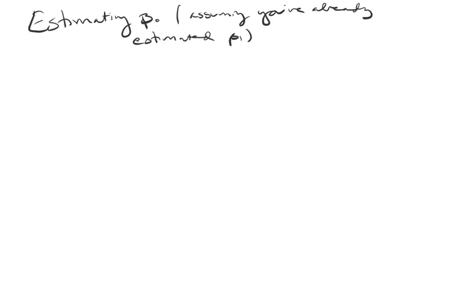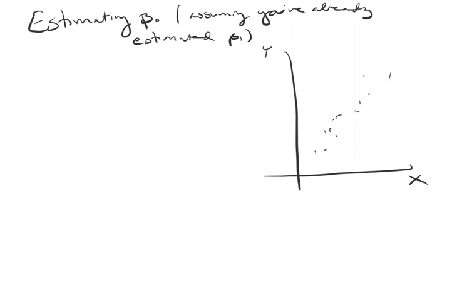Here's the idea. We have some data that fits into an XY plane here. If you look only at the X values, there will be some sample mean for those X values, like there'll be some value X bar that's kind of in the middle. And if you look only at the Y values, there'll be some sample mean Y bar. And those 2 points, of course, have an intersection.